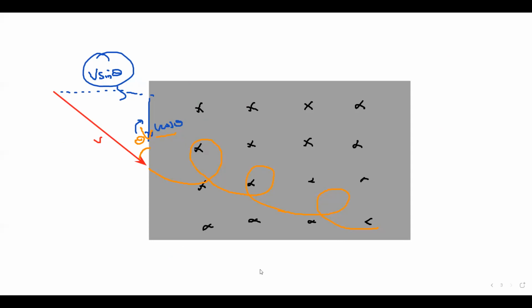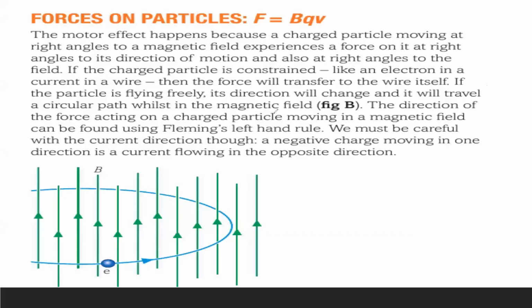And if you want to calculate the magnitude of the force experienced by the charged particle, we use the formula F equals BQV, where B is the strength of the magnetic field or the magnetic flux density, Q is the charge of the particle, and v is the speed, or the velocity you can say. But we always take the perpendicular component.